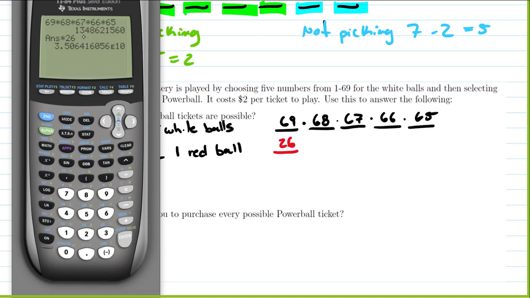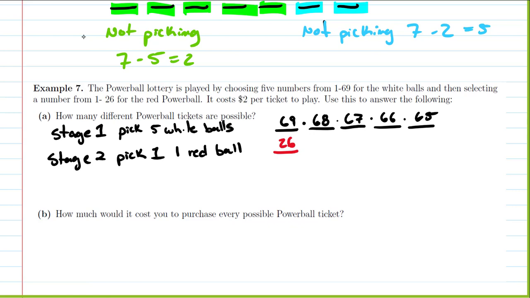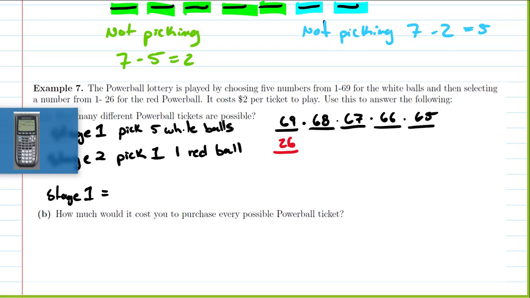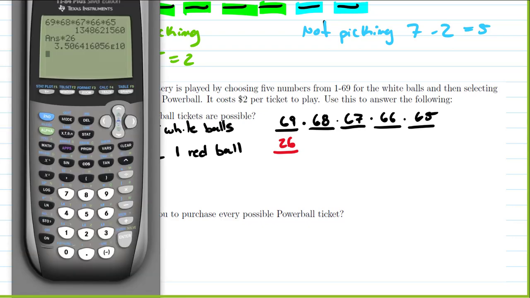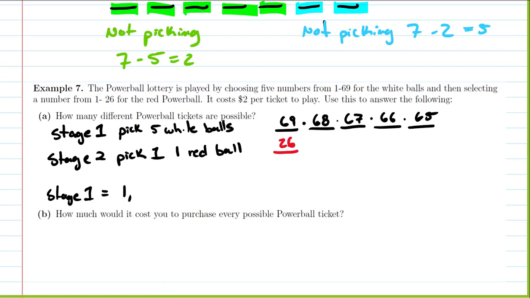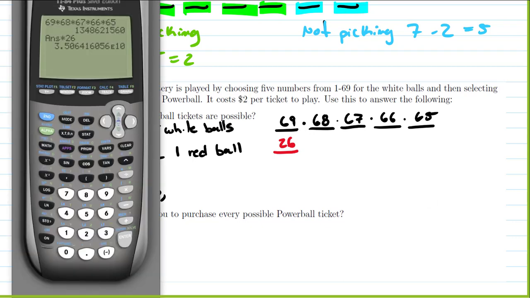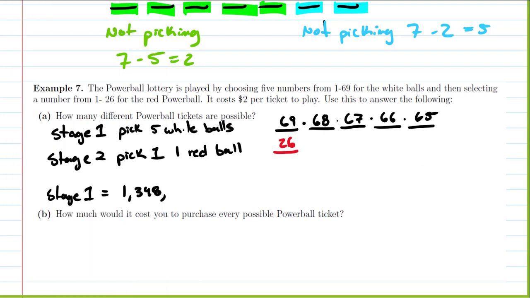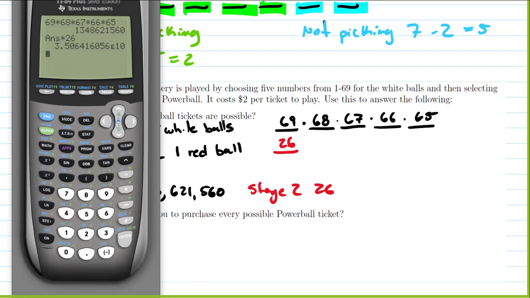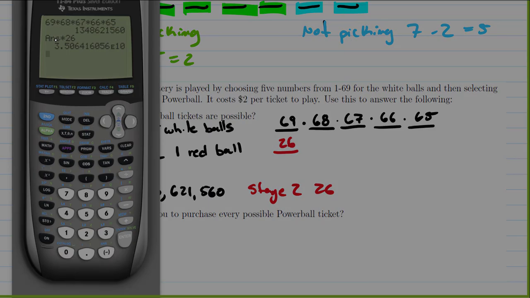So I get 1,348,621,560. Stage 2, I have 26 choices, and when I multiply them together, I get this number.